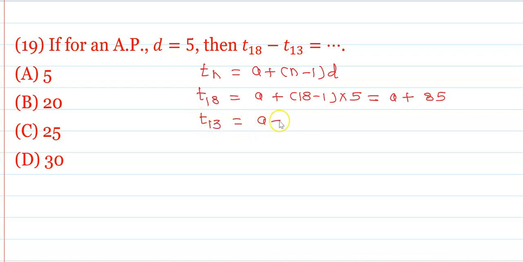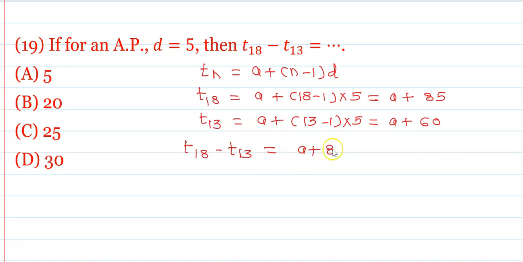Next, T13. a plus 13 minus 1 again into 5. Therefore here a plus 60. What about T18 minus T13? a plus 85 minus a plus 60.